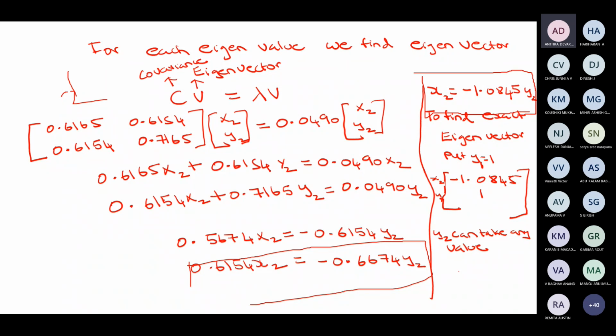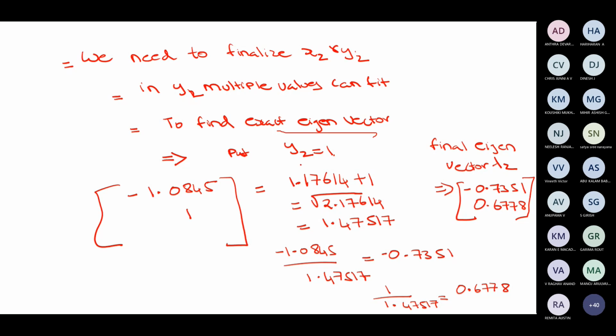So x2 equals minus 1.8052. Again there can be multiple variations of y2, so to get the exact eigenvector value I just put y2 as 1. So when I put y2 as 1, x2 is 1.084 and y2 is 1. Y2 can take any value, so to find the exact eigenvector I took y2 as 1.